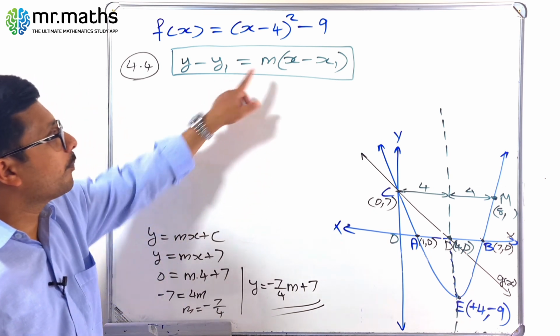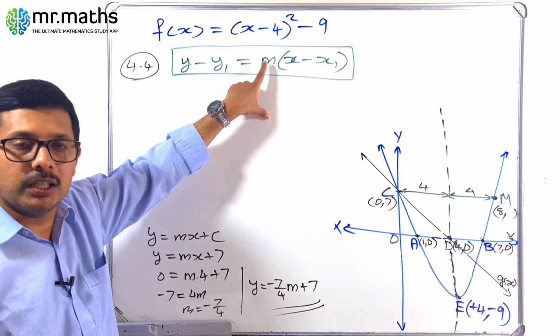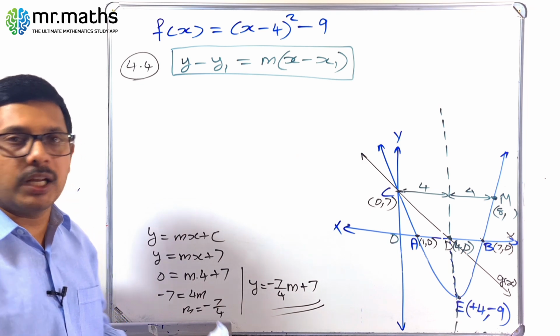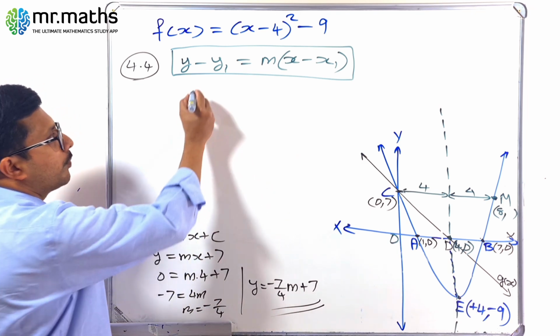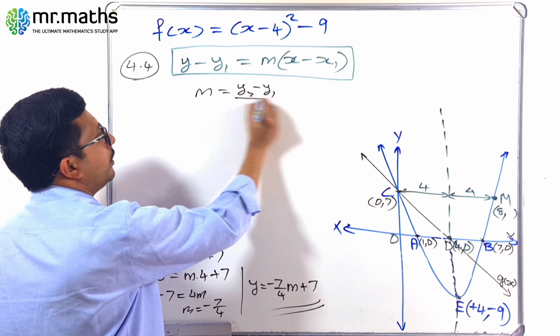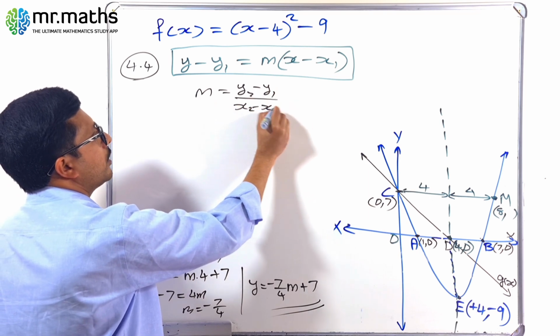So anyway, what does this m stand for? M stands for the gradient. What is the gradient formula? The gradient formula is m is equal to y2 minus y1 divided by x2 minus x1.